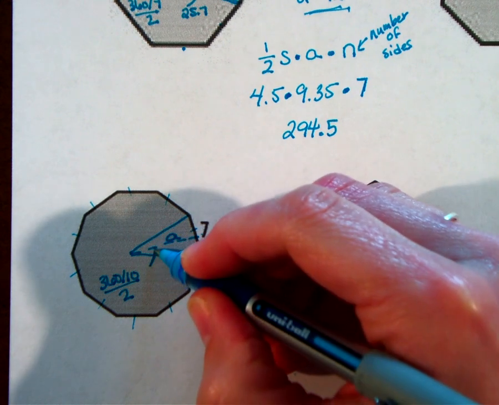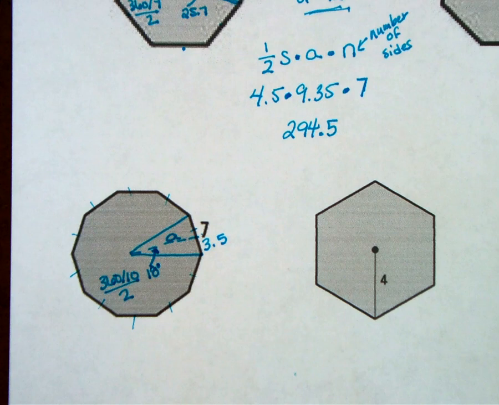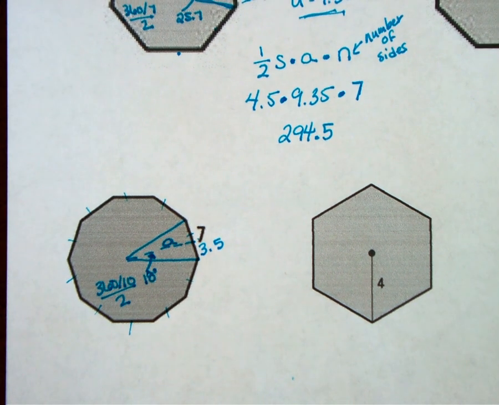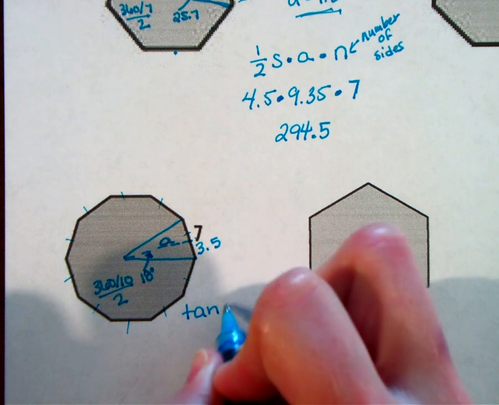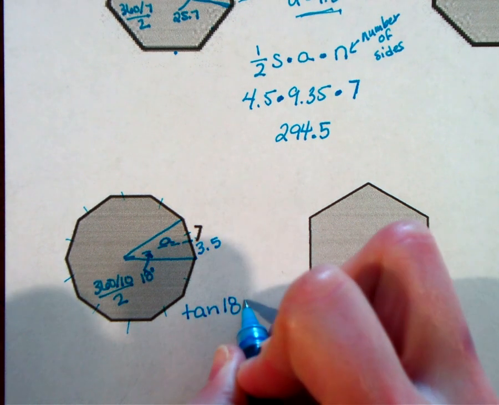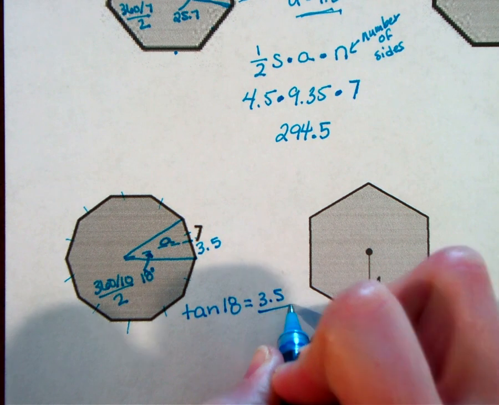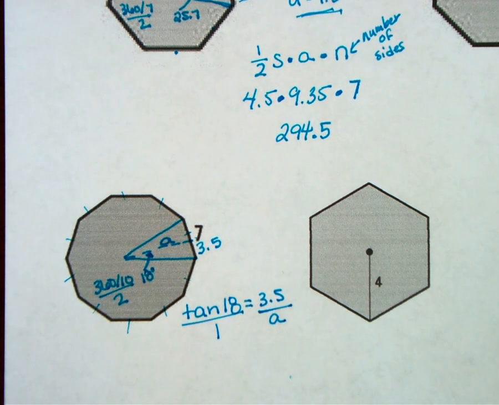So that means this angle measure is going to be 18 degrees. Okay. All right. So tangent of 18 is equal to 3.5 over A, which gives me 10.77.